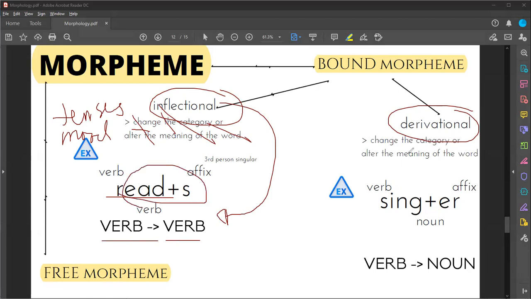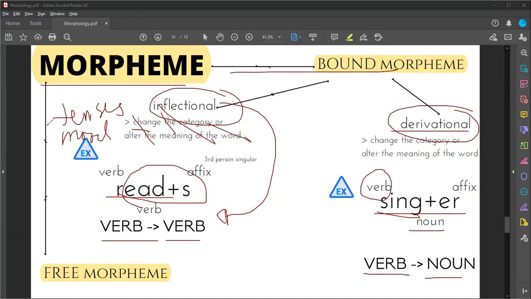So verb to verb. In the derivational, sing is a verb, just like singing. And when we add er, the bound morpheme, that will be a noun. So from verb to noun, we add another bound morpheme, so it becomes a derivational morpheme, okay? So morpheme, bound morpheme, free morpheme. In bound morpheme, we have inflectional and derivational. I hope everyone gets it.